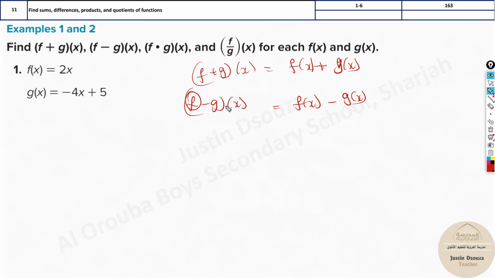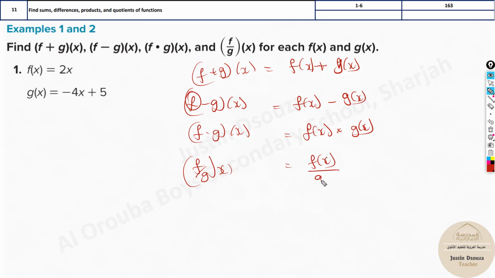The first one is over here first, minus the second function. Same thing with f dot g of x means you're multiplying these two, f of x multiplied with g of x. And lastly, we have f by g of whole x. Now here, this is f of x divided by g of x. This is how we understand these functions.